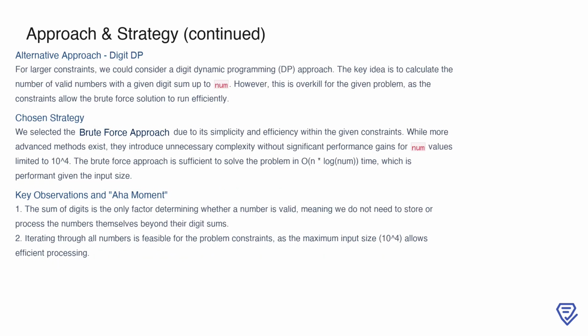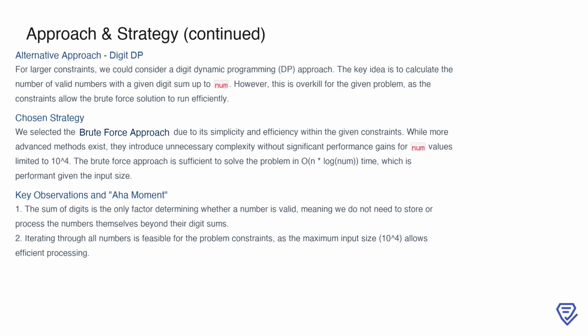For cases with larger constraints, an alternative approach like digit dynamic programming, or digit DP, could be valuable. This method involves calculating the count of valid numbers based on their digit sums up to the given number, allowing us to build a solution more efficiently for massive input sizes. However, in the context of this problem, where the upper limit of number is 10,000, digit DP introduces unnecessary complexity.